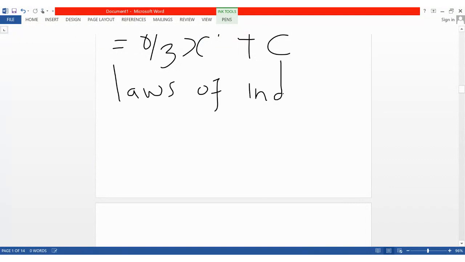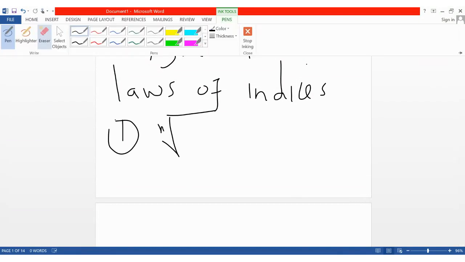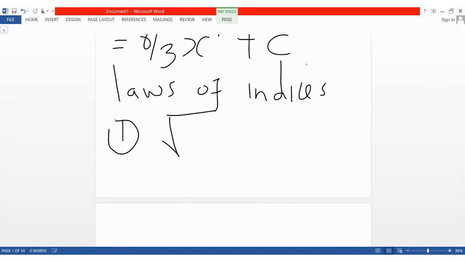The first one is this: the nth root of x raised to power a is the same as x to the power a over n. The nth root basically comes to the denominator.